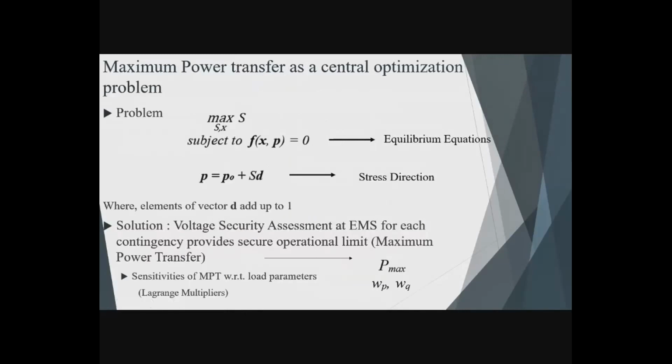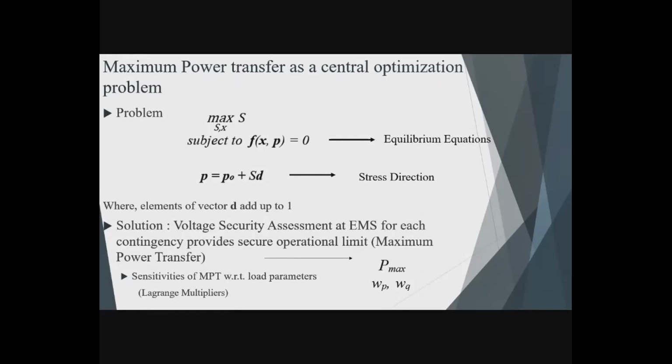So the calculation of the maximum power transfer and the respective sensitivity coefficients are computed from a central optimization problem where the objective function is the maximization of a stress function as shown in this equation for a specific stress direction, subject to the equilibrium equations of the power system.